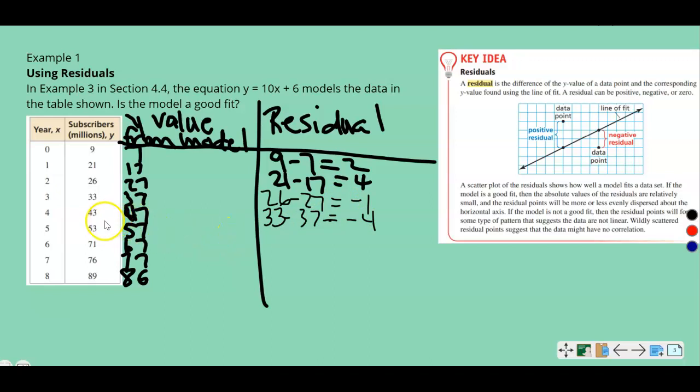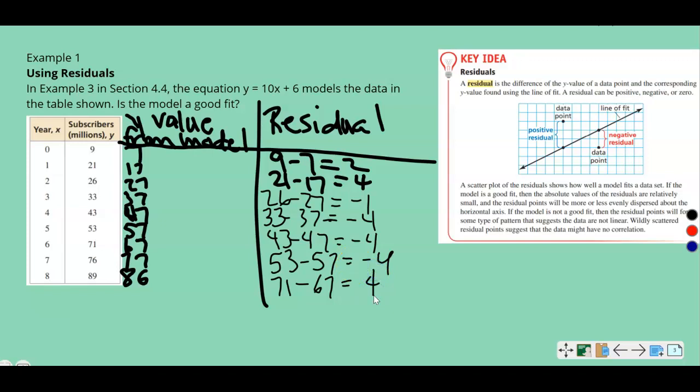And then 43 minus 47, minus 4. 53 minus 57, -4. 71 minus 67, so that'd be +4.